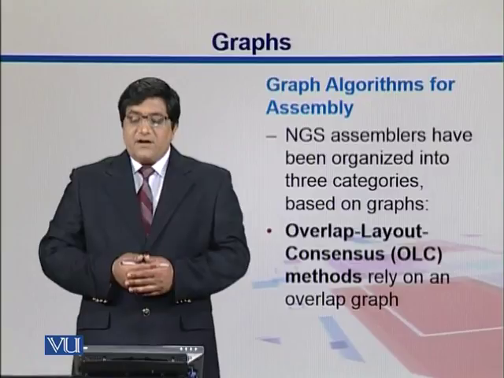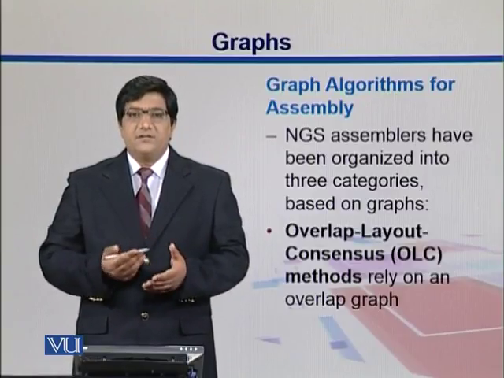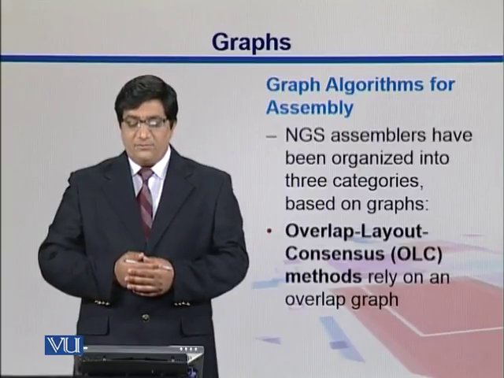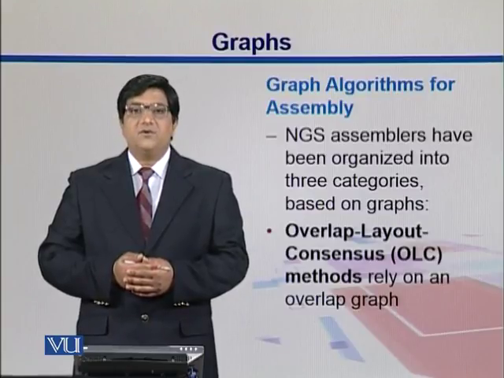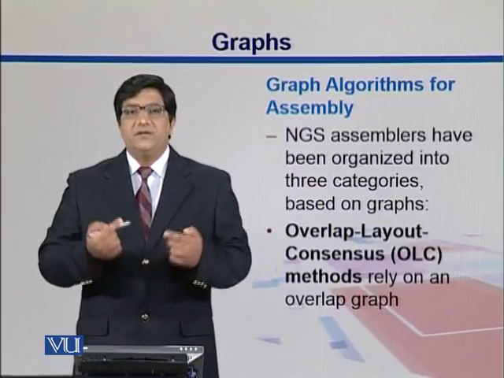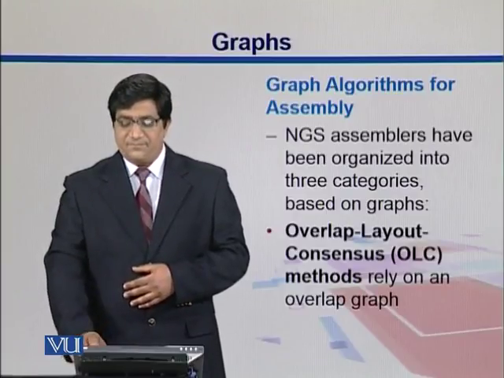So what are the different graph assembly algorithms? Assemblers have been organized into three broad categories. Mainly we use what we call overlap layout consensus, or OLC, methods. They rely on the overlaps between short sequencing reads. We put those overlaps as edges, and we take those reads as nodes.